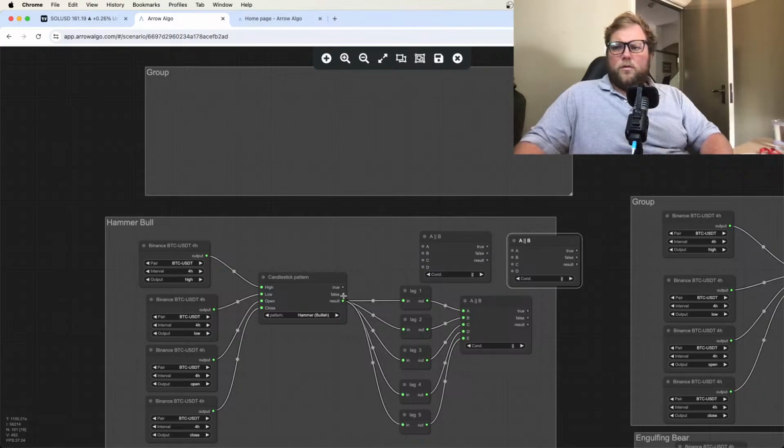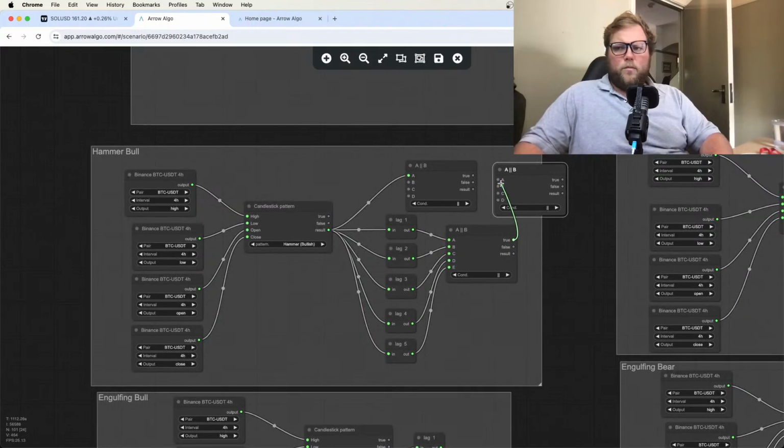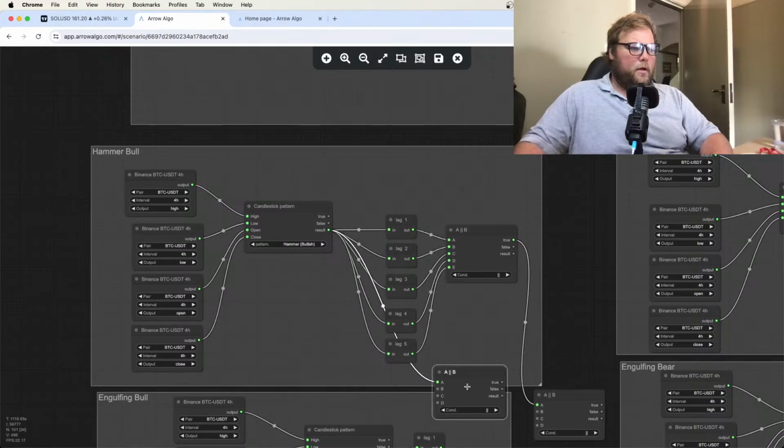So we're going to look for whether the current one is, or whether any of the last 5 have been a hammer bull.